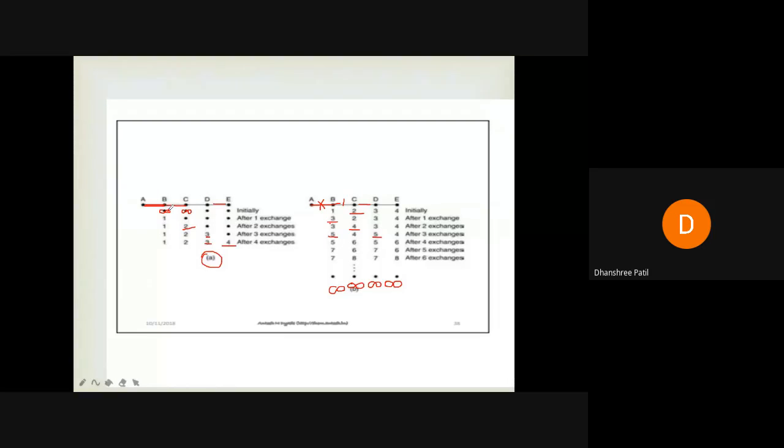Initially no one knows how many hops are required to reach A, so initially the distance is infinite, not updated yet. But suppose B finds that B reaches A by using one hop. So this table is updated as 1. As soon as B updates 1, C also updates its own, because C reaches B by using this one hop, and B reaches A by using this one. So 1 plus 1, 2. Likewise, everyone updates their own tables.